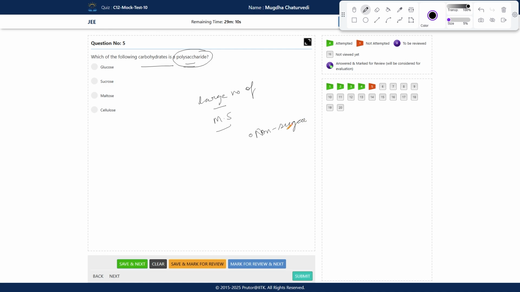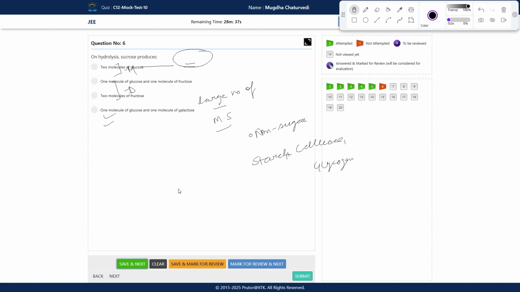Examples of polysaccharides are starch, cellulose, or even glycogen. So if you look over here, what is the right answer? Cellulose is the right answer in this option. Glucose is a monosaccharide, and sucrose and maltose are disaccharides. So the correct option is cellulose, which is D. Now let's move on to the next question.